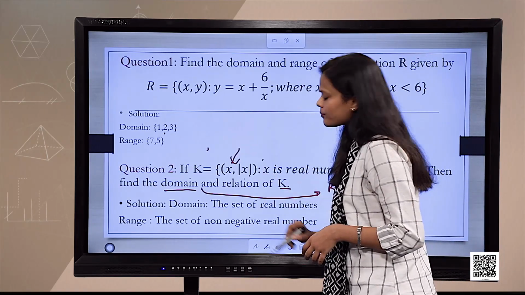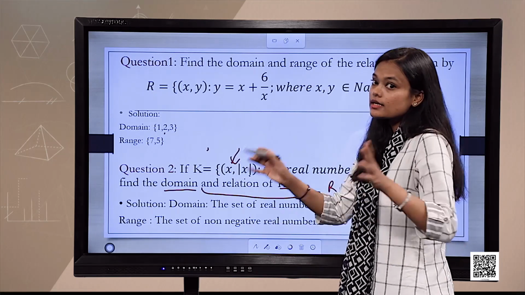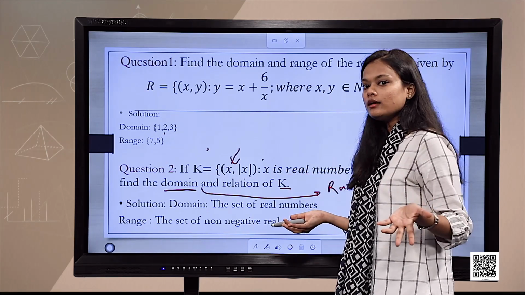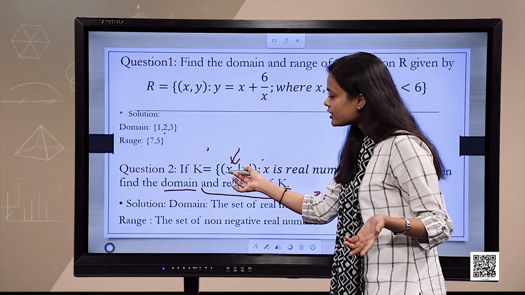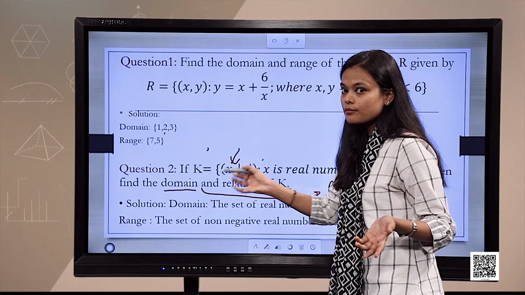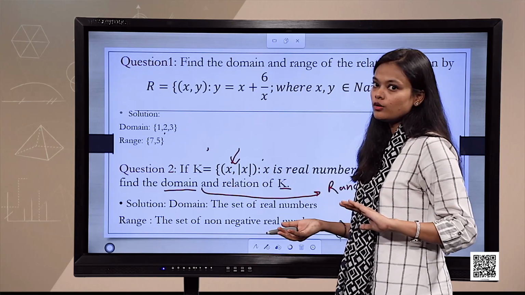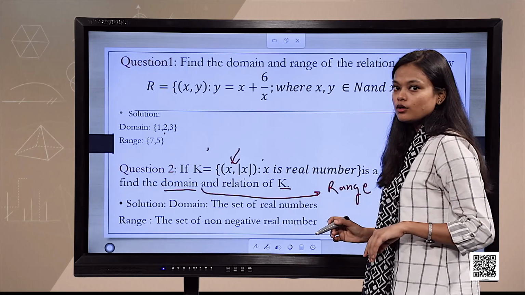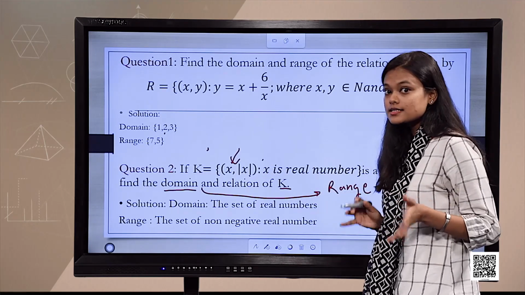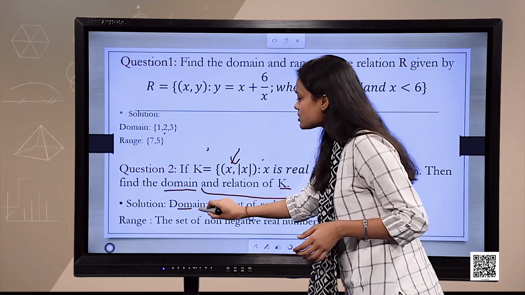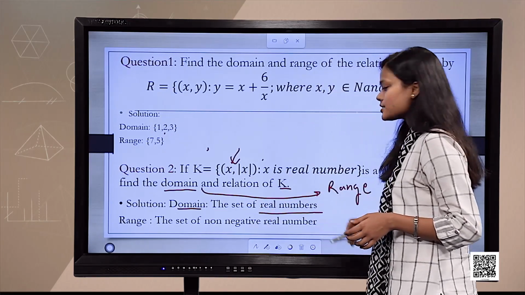K is taking which values? All the real numbers. So, what will be the domain? Obviously, every real number, for every real number we can find its positive value. So, the domain becomes the set of real numbers.